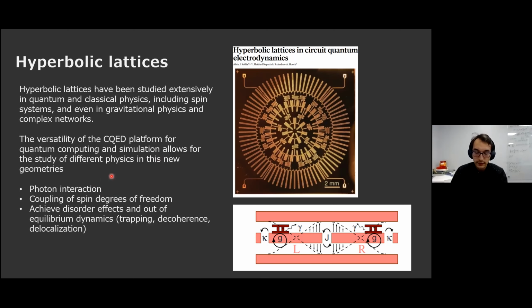They allow you to induce interactions between photons when they are placed in these resonators. You can couple different spin degrees of freedom of the photons, and you can explore, as this tiny image shows, regimes where the system is in a disordered state, and you can trap photons in different ways.